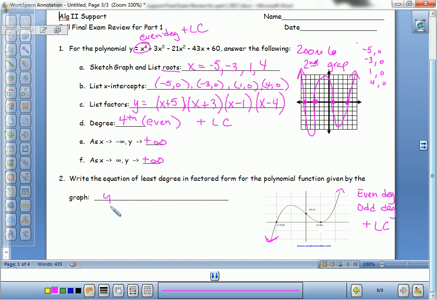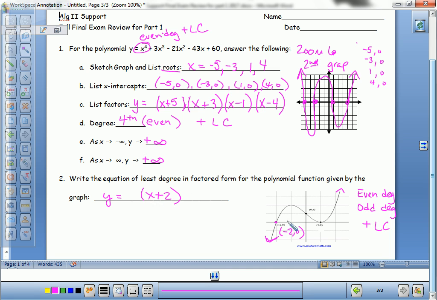Okay, so the equation for this graph would be y equals, because an equation always starts with y equals, or f of x, or g of x, function notation. All right, now, we see it passes right here, and this is (-2, 0). That's a little hard to see. (-2, 0). So, if it passes at negative 2, what has to be here? x plus 2.